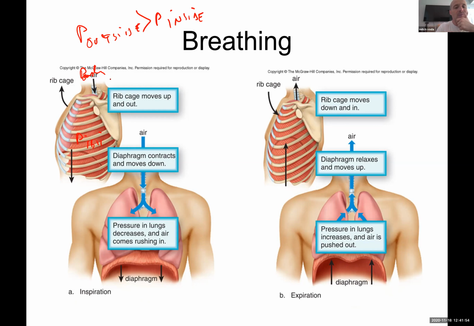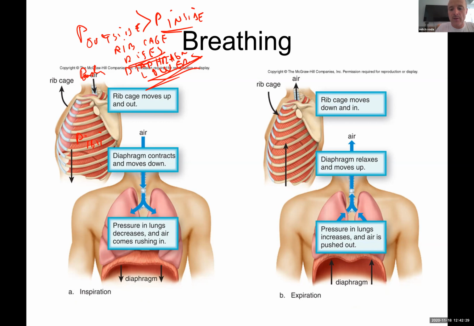Because the rib cage rises, and the diaphragm lowers. The diaphragm gets contracted, and then it lowers. The rib cage rises. The pressure inside the lungs is lower than outside, so air will move in.